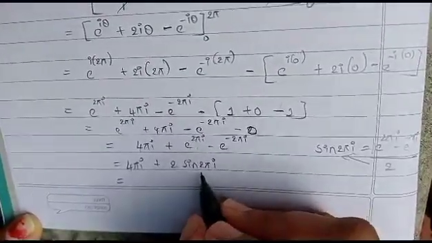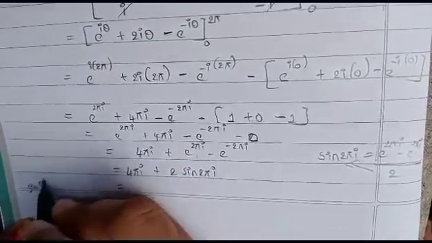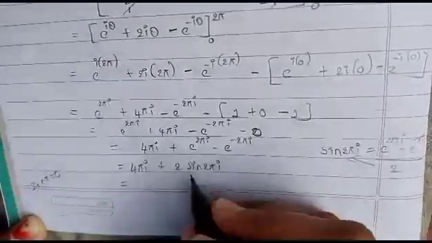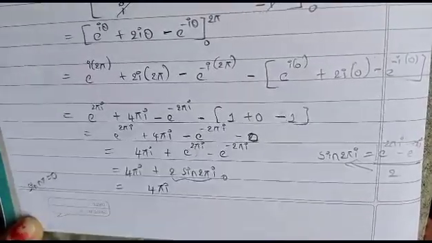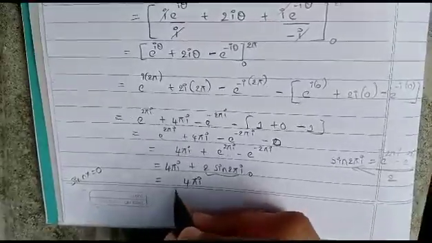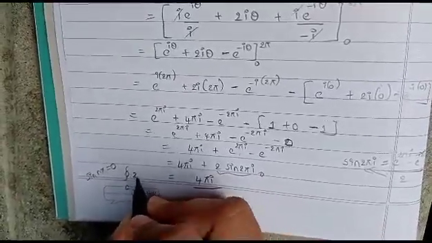As we know, sine n pi equal to 0. So it becomes 0. Remaining is 4 pi i. Here the answer is 4 pi i for line integral C z bar square dz.